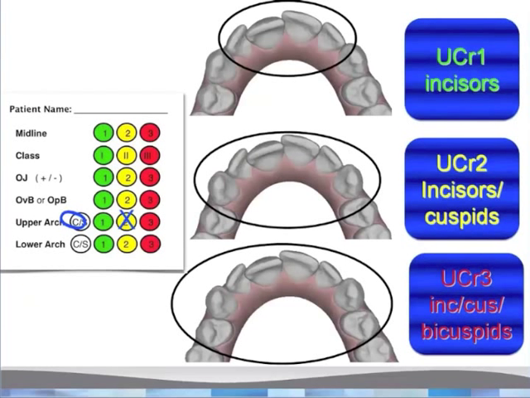So if we bring this into perspective using our grid once again, you would look at your 5th question, and for the upper arch, you're going to circle either C or S. For crowding, you're going to circle C and then make your assessment. So if we were making an assessment for the middle arch that you see on the screen, you have crowding that includes incisors and canines, so that would be crowding assessment 2.